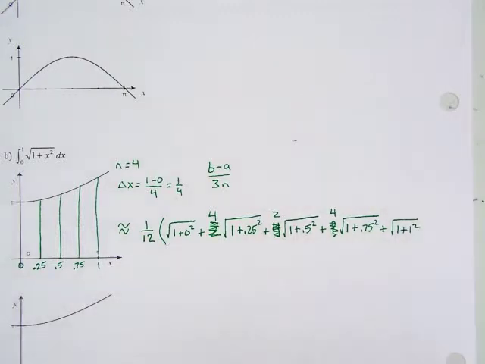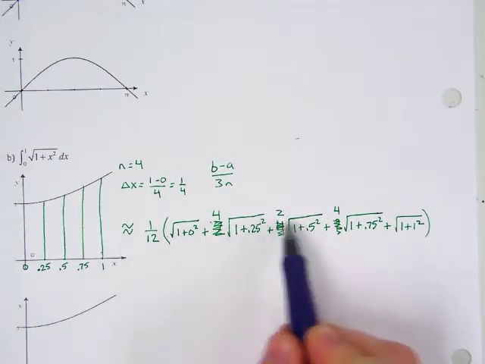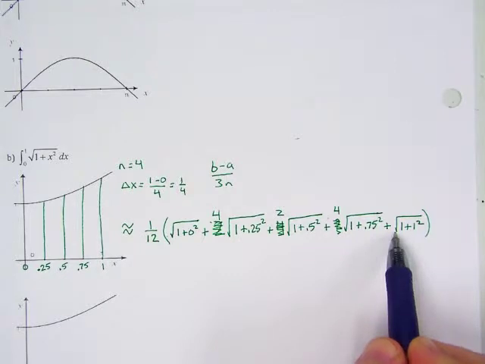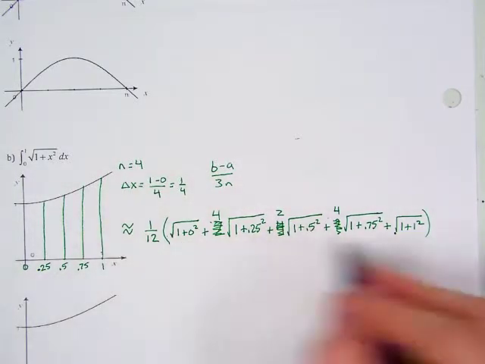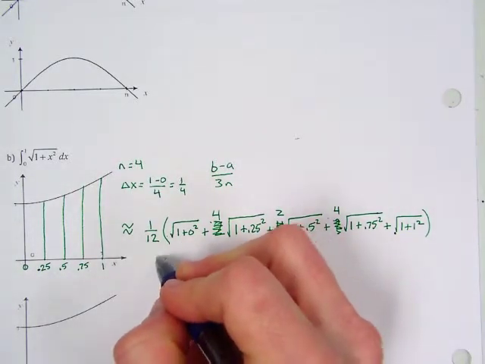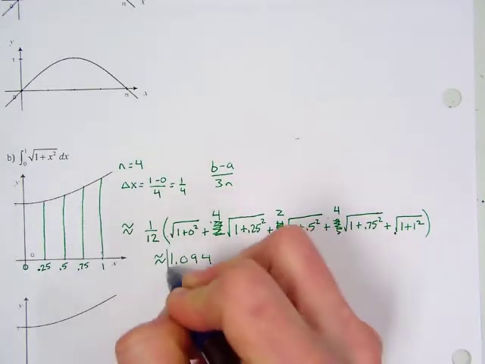Thank you. Appreciate it. Okay, so you kind of got the process there. So it goes from 1 to 4 to 2 to 4 to 1. Does that make sense? And then you'd put this in your calculator, and again go to 3 decimal places there.